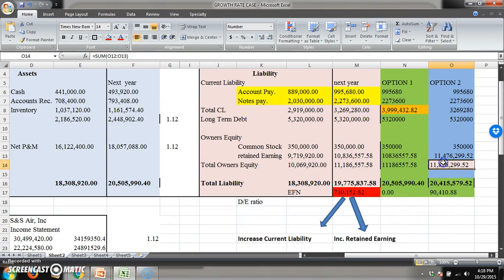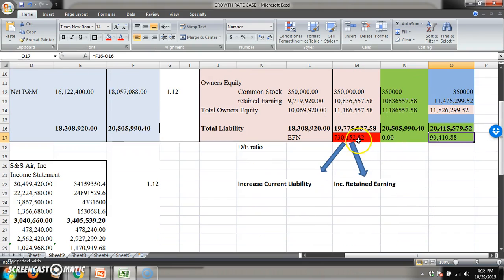So after increasing my owner's equity to this level, by adding retained earnings, my total liabilities come out to be $20.4 million, and my assets that I require is $20.5 million, which means a deficit of $90,000. This deficit is substantially lower than $730,000, which we had previously.